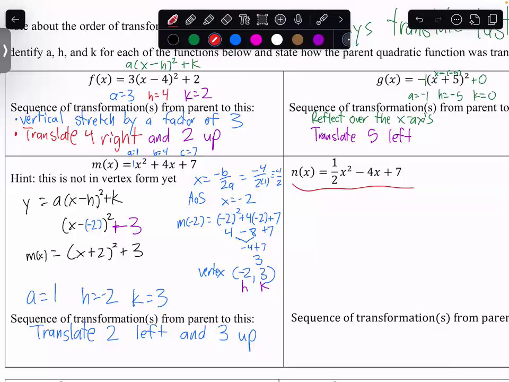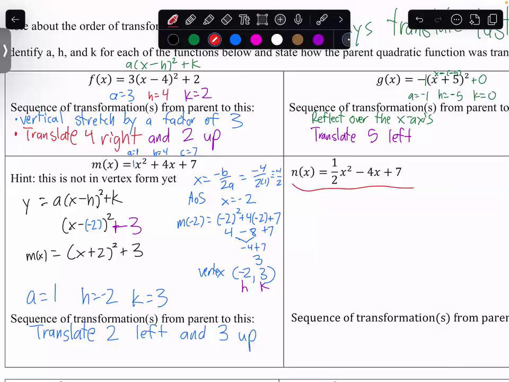Yeah, so the tricky thing is, if there's no H, it's actually 0. The H is 0, which means it would be x minus 0 in parentheses.